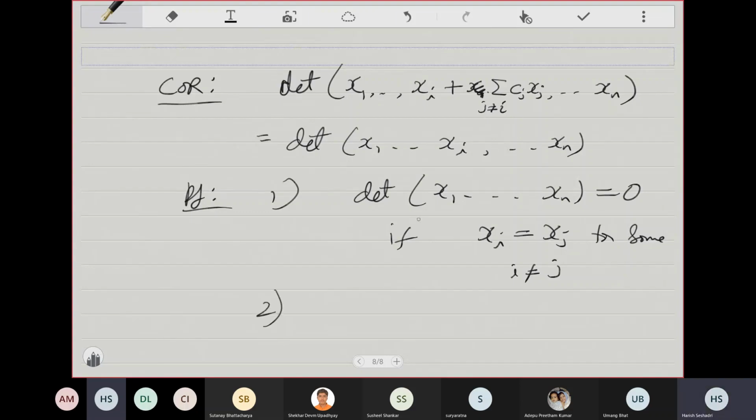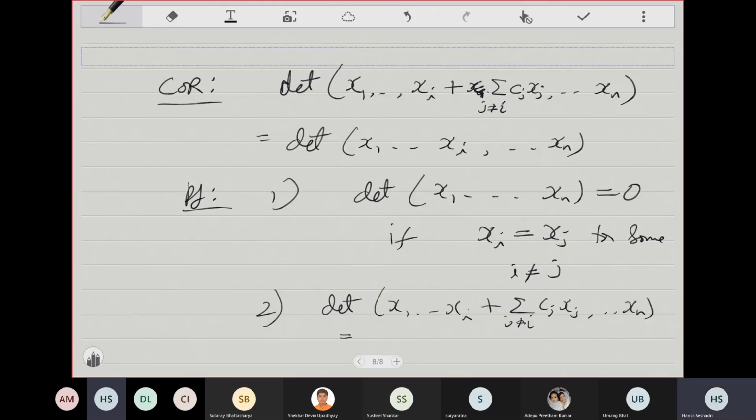Because of this property and the additive property, the multilinearity property, what one gets is, so determinant of x1, xi plus summation cj xj, j not equal to i.